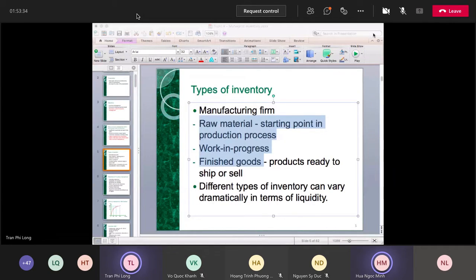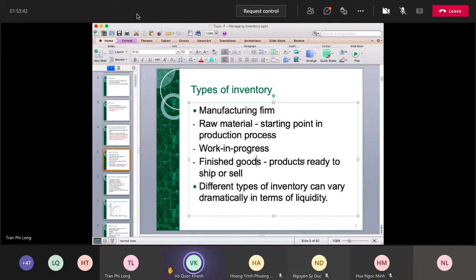Okay, Quốc Khánh. I think raw material is the most liquid. It's the most liquid form of inventory, mostly because a lot more people can use the raw material than they can use finished goods. You can only sell finished goods to consumers and retailers, while raw materials can be used by a lot more variety of producers.